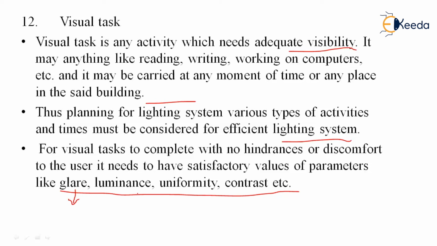Too much luminance, or too much light being focused at a place, should not be there, because we have to decide something or the other before just putting the lights on the wall.